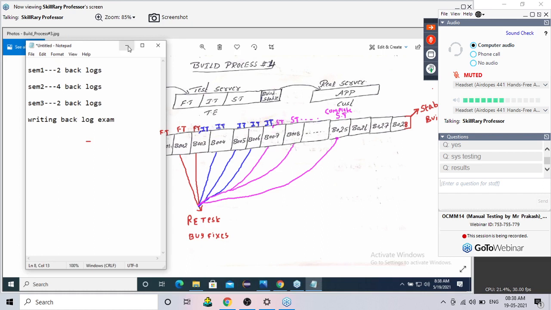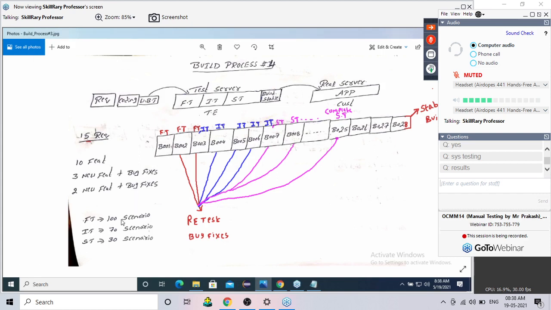Yes. Now let's come to the technical subject. Please listen carefully. Functional testing is there, integration testing is there, and system testing is there. When I say functional testing, totally 100 scenarios we have to test. Scenario means example: username is working or not, password is working or not, OK button is working or not, cancel is working or not, forgot password is working or not, compose is working or not.